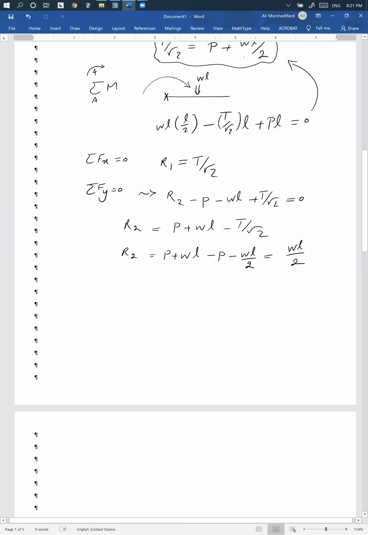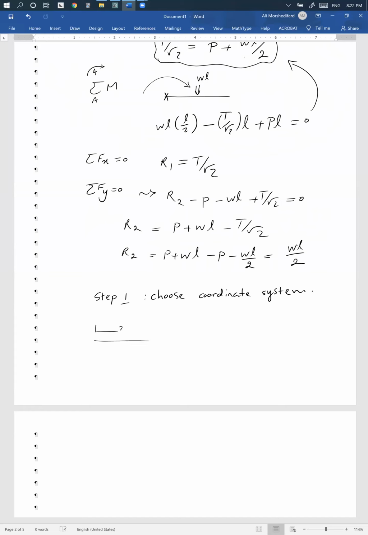In my notes, I say that step 1 should be to choose your coordinates, but this is mainly for frames. For beams, we can always assume that our coordinate system is like this, so we don't need to do anything for step 1.